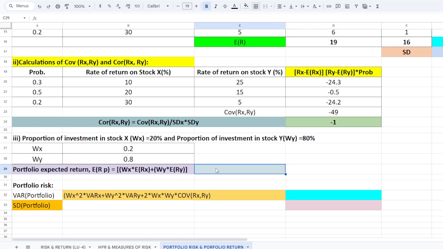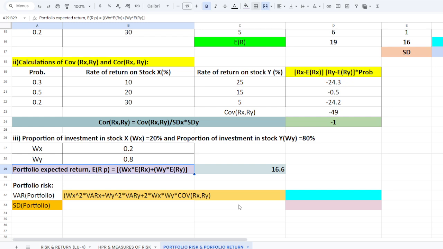Then your portfolio return would be simply the proportion of investment, 20% in X, then your return is 13%, you already calculated, plus 80%, 0.8, total weight would be 100%, then this is 16. That is why 16.6% would be my portfolio expected return, which is noted by ERP.